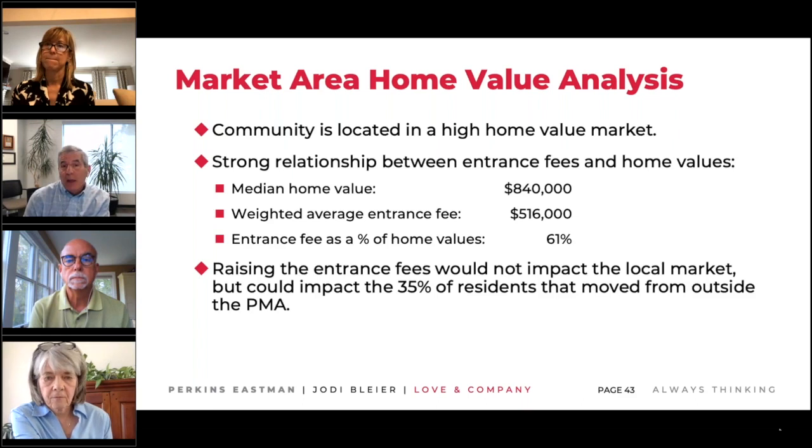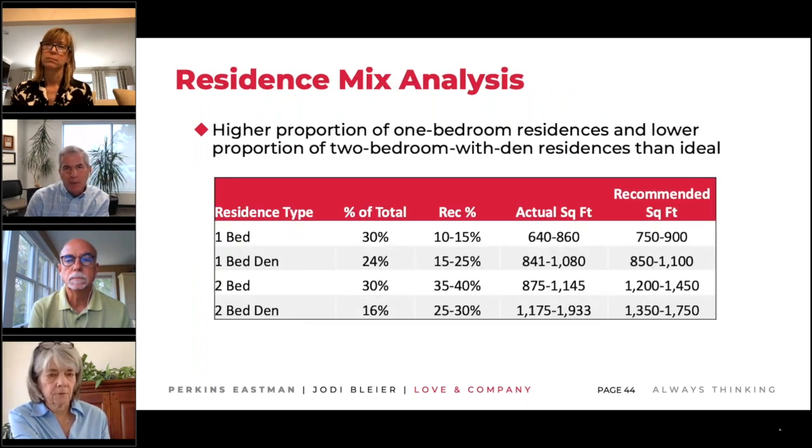So an immediate indication from that is we could push up entrance fees to be able to help address some of this without affecting affordability from a home value perspective. But can we do that from a competitive perspective? We'll revisit that in a second. We also looked at the residence mix to see, is this a challenge like it was in the first community?